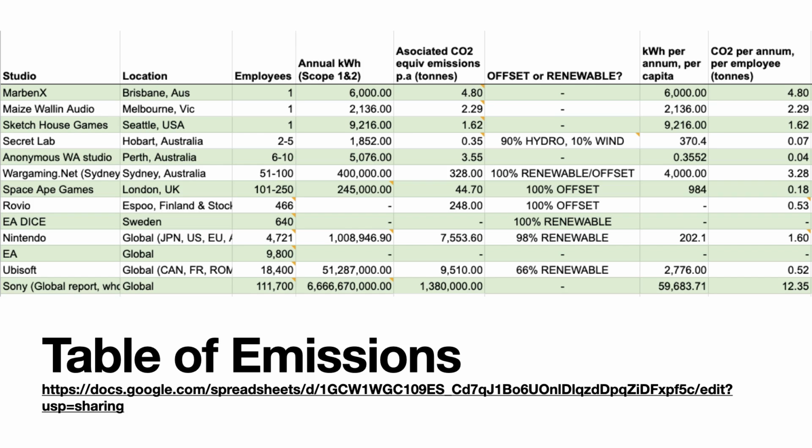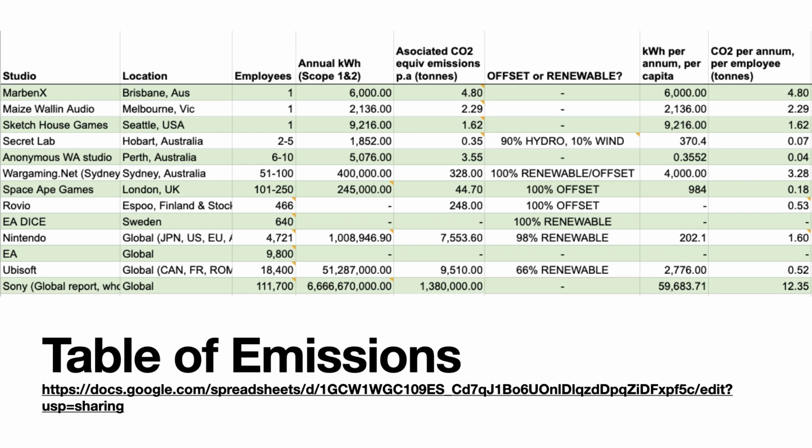And so then what we've tallied up is a figure of kilowatt hours per annum per capita. So that's units of energy used per employee per year. And then there's an associated figure.